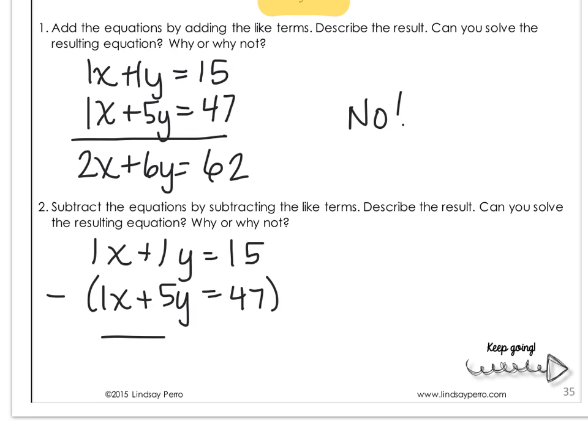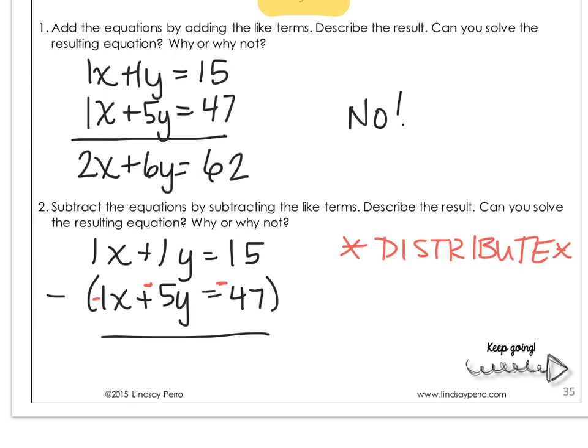Okay, so when I do this, I need to distribute my negative here. So this is a key step to distribute a negative sign. All right, so that becomes negative 1x, negative 5y, and negative 47.